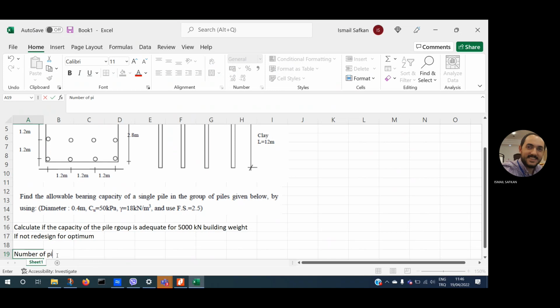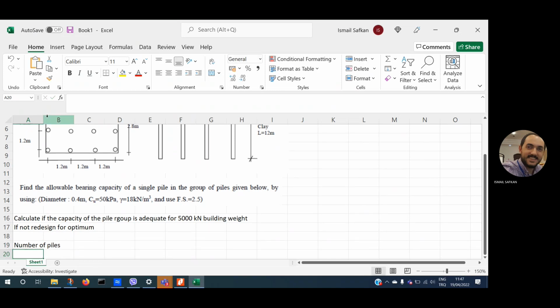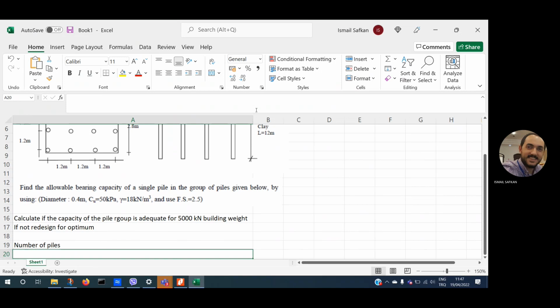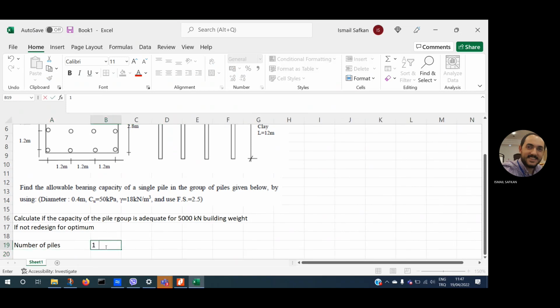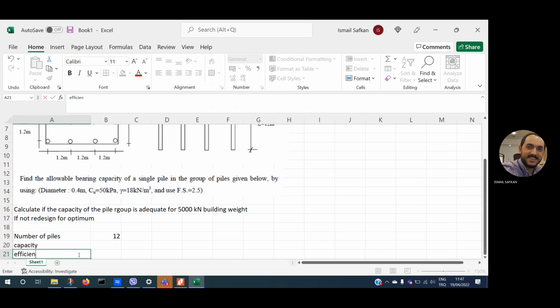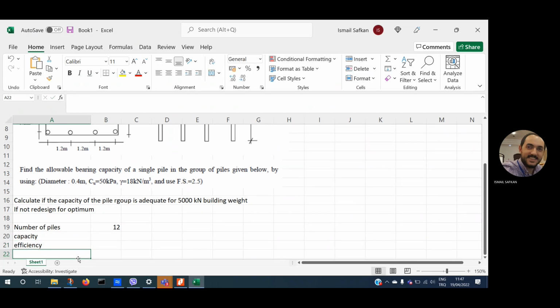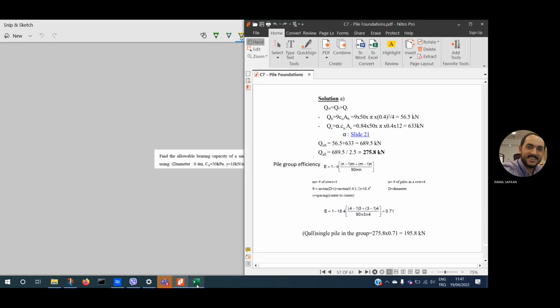Number of piles, 12. Capacity. Efficiency, 0.71. We calculated, and capacity was initially 276. I put it that way because I will change it now.